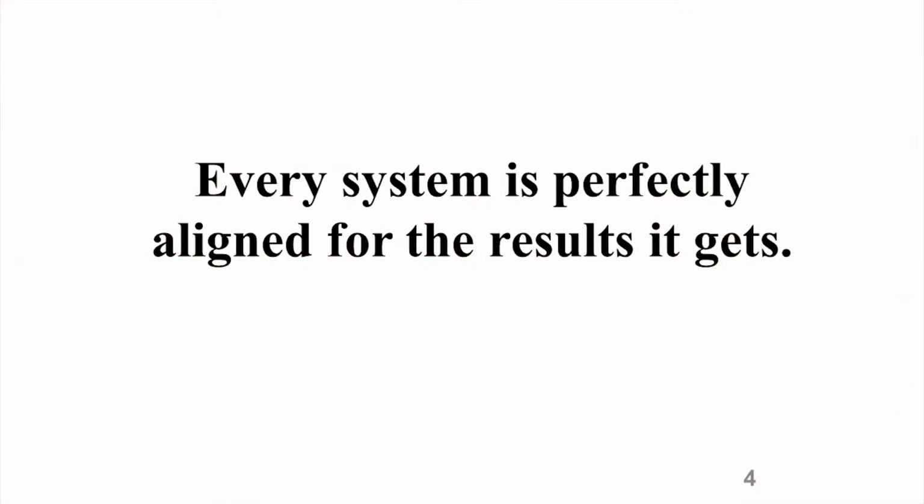And every system is perfectly aligned for the results that it gets. If you're in a building or a district that has consistent results over the last 3 years and you're happy with them, awesome. But if you're not happy with them, once you have 3 years of data for a school, those data reflect what your school has the capacity to do.